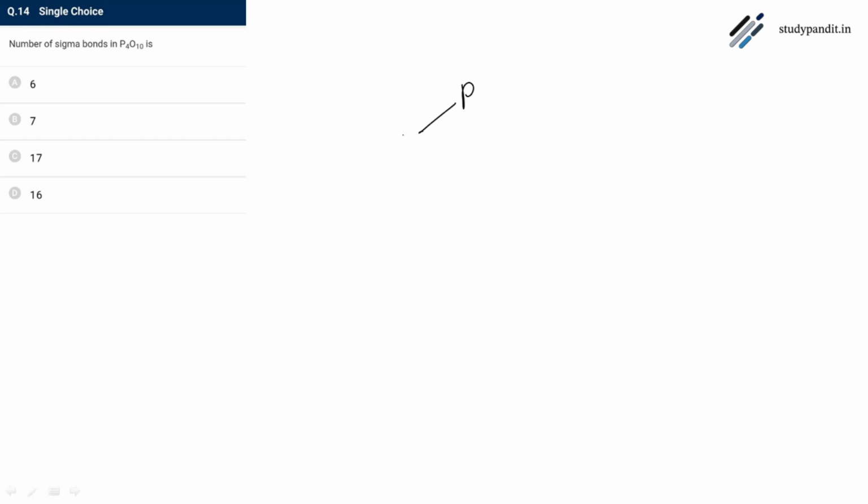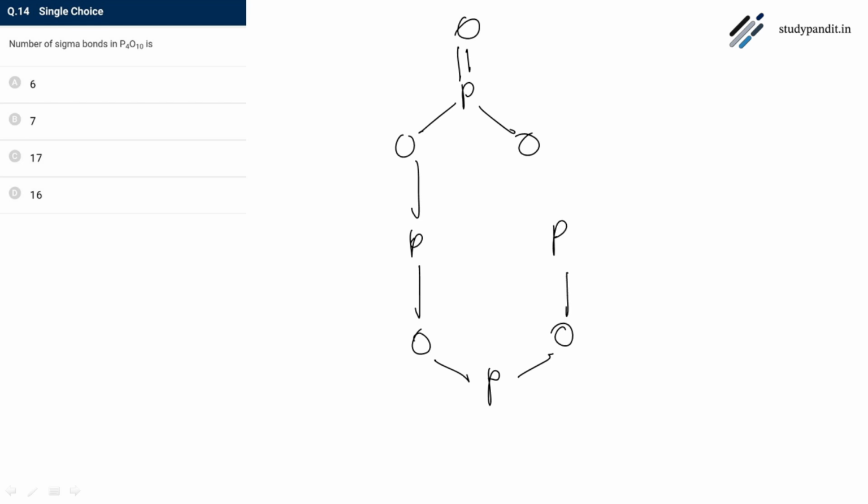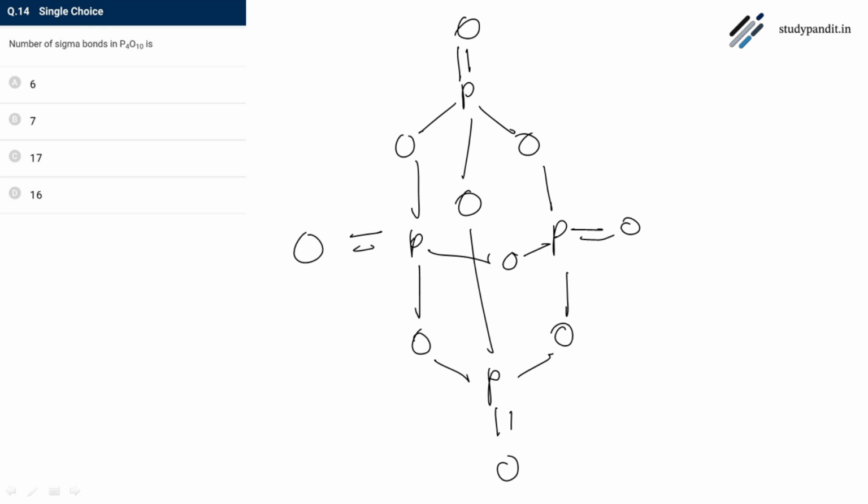P, O double bond O, P O P O P O, double bond O, double bond O, double bond O, and O here also O. So we can count the number of sigma bonds: 1, 2, 3, 4, 5, 6, 7, 8, 9, 10, 11, 12, 13, 14, 15, and 16. So the answer is 16. D. Next question.